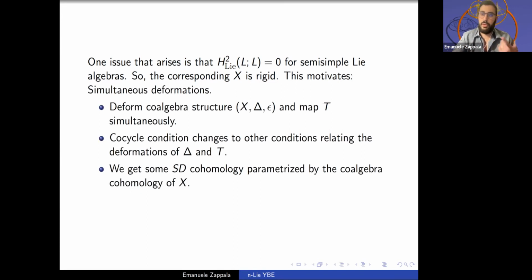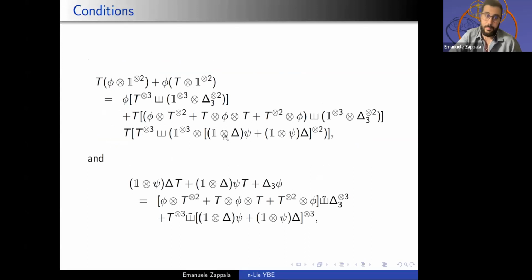So what you want to do at this point, something that is possible to do, is to deform also the commultiplication, because up to here, I was deforming only T, the self-distributive operation, but the commultiplication was fixed. I can deform everything, of course, so all the maps together simultaneously and get more general cohomology and perhaps more general classes.